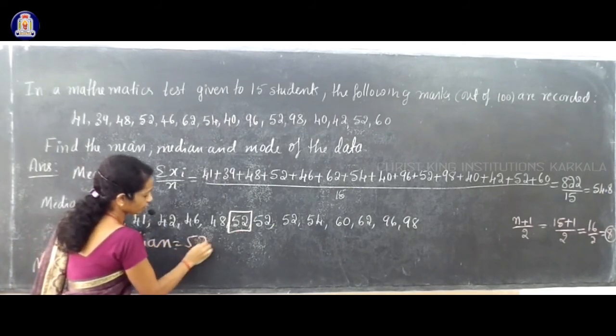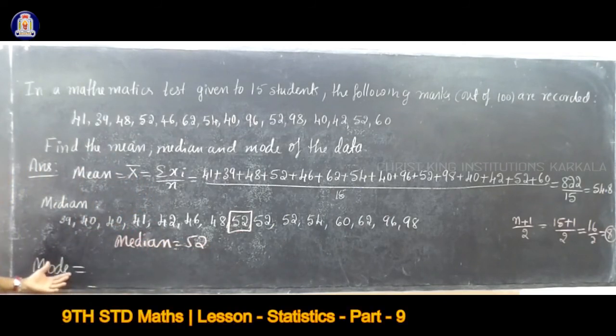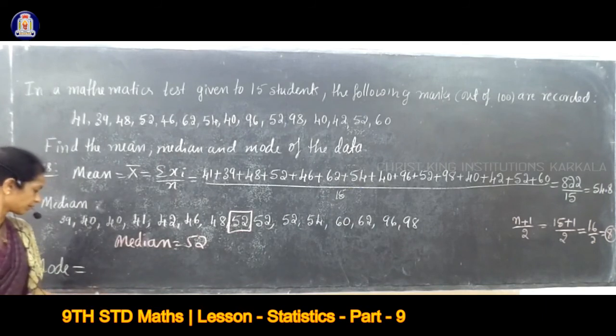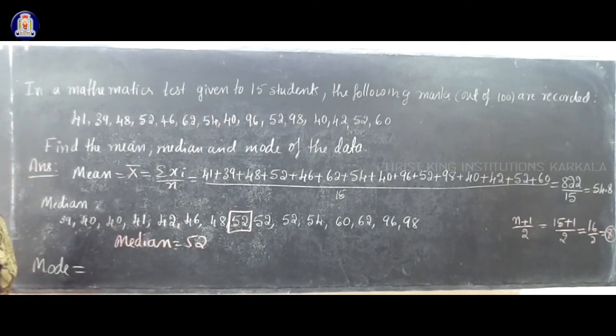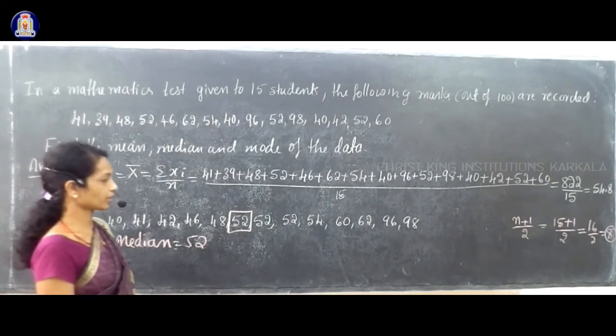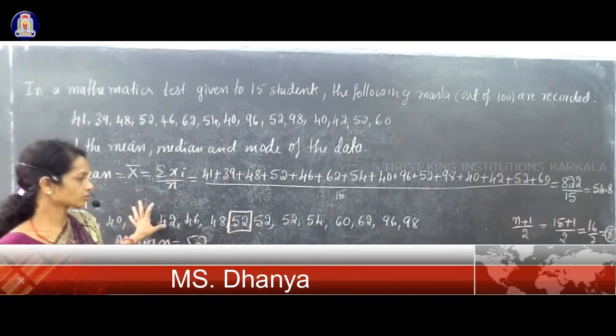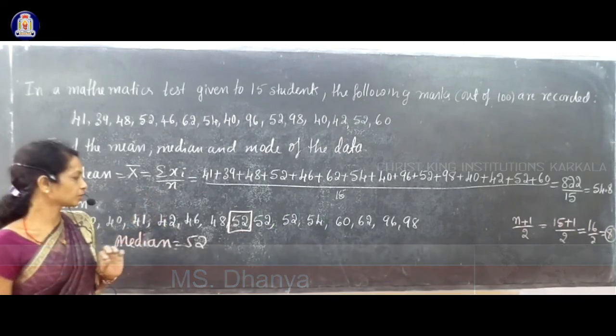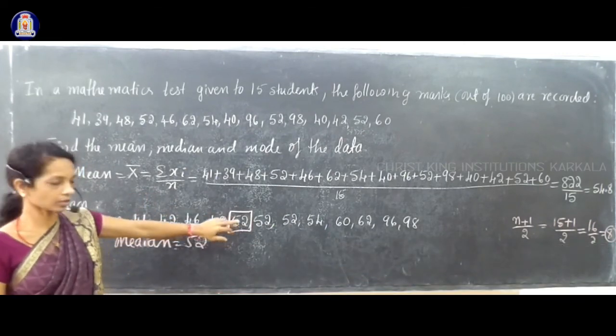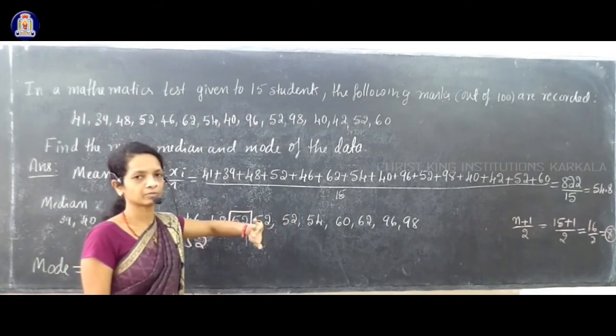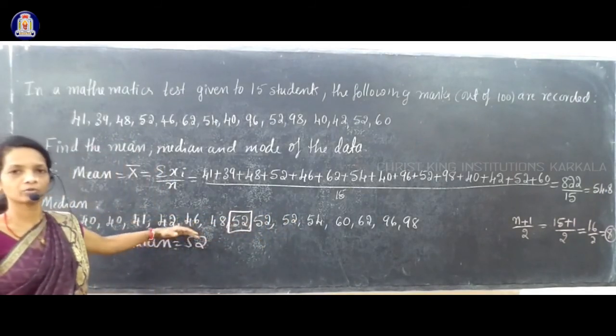Okay, and next, mode. To get the mode, you have to see which observation appeared the maximum number of times. Here which mark appeared the maximum number of times? That is 52, right? 52 appeared 3 times. Other data appeared fewer times than that.